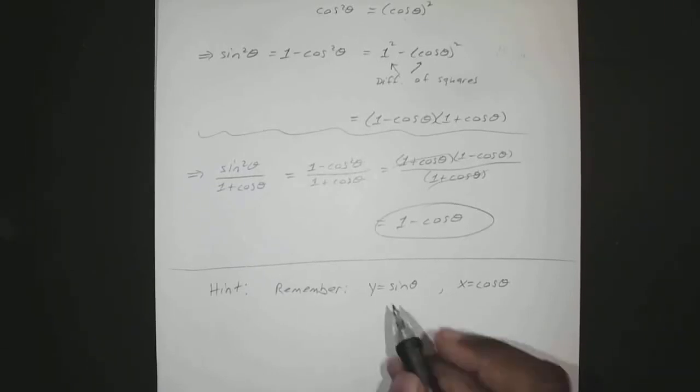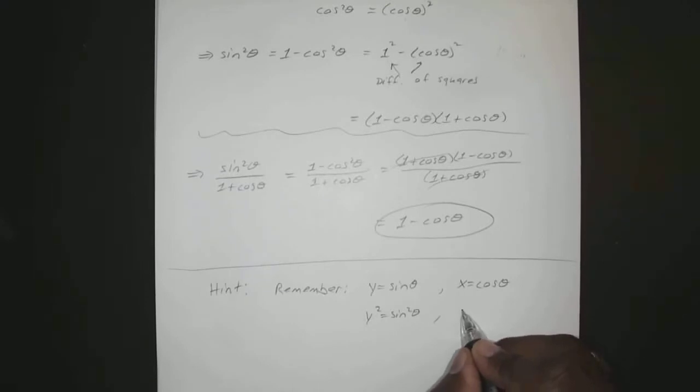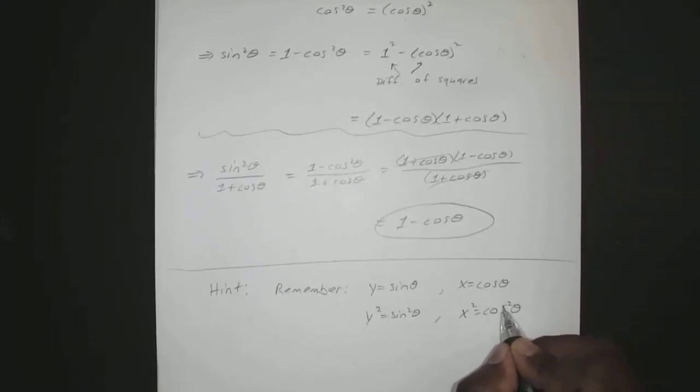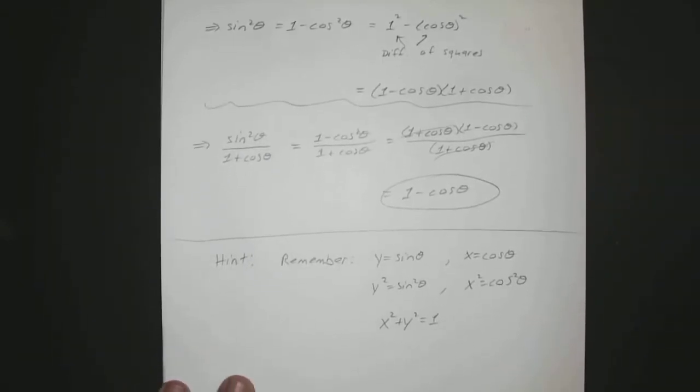So if you wanted to, you could have that y squared equals sine squared, or x squared equals cosine squared. Okay. And we also know that x squared plus y squared equals 1 on the unit circle.